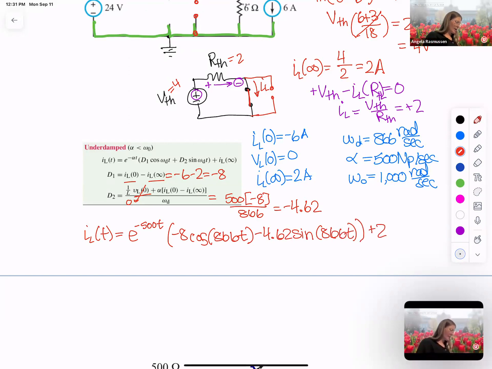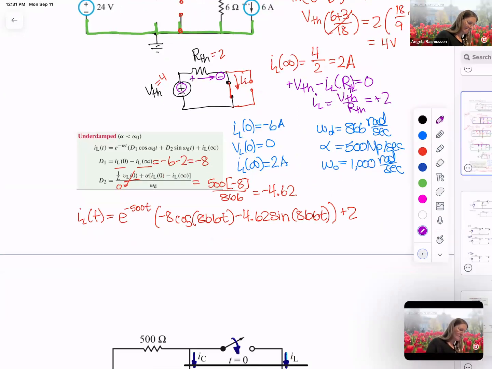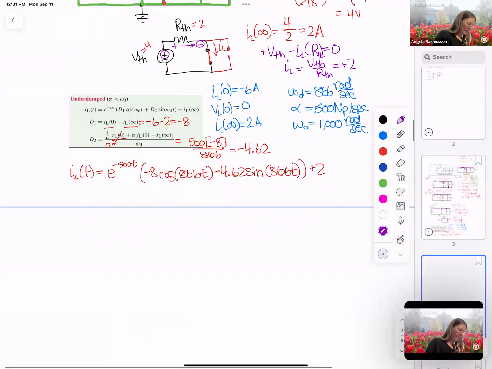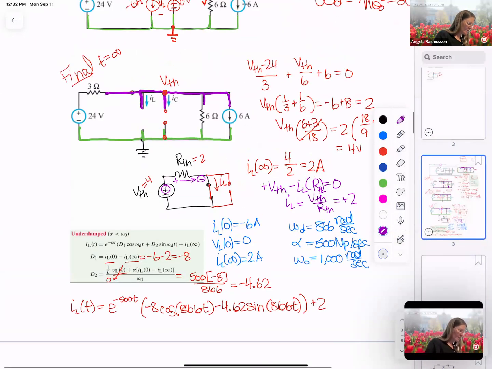And so this gives me IL, but the question had asked for IC. So how do we get IC from this? We have to relate, yep. So how do we relate IC to IL?